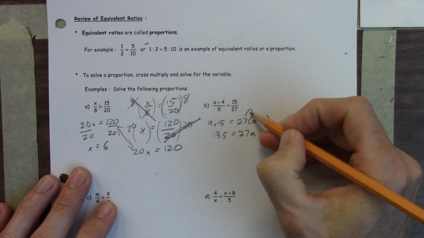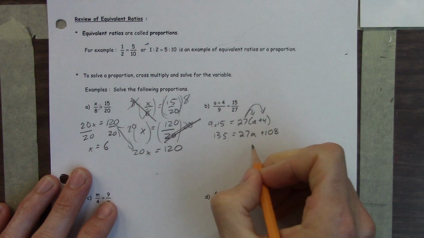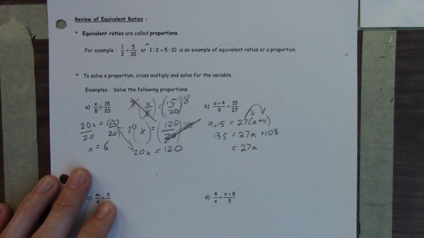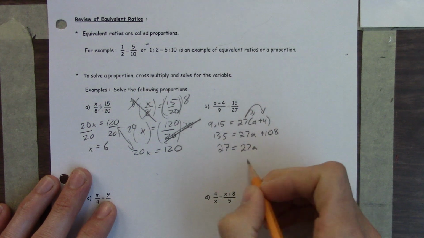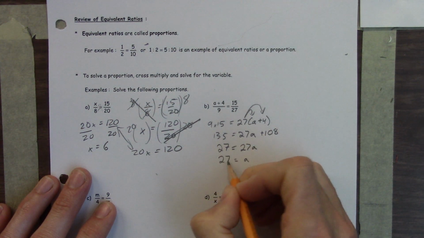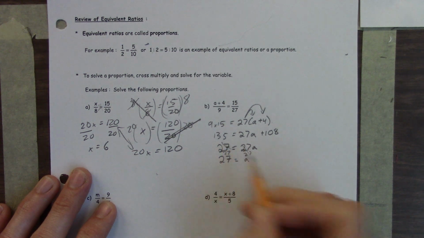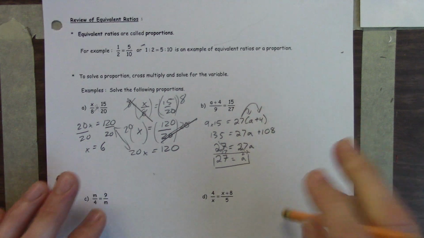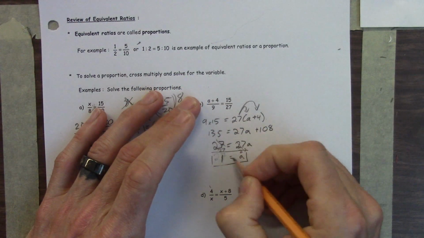This is 27 times a, 27 times 4. Okay, so we'll leave the 27a on the one side. We'll do 135 minus 108 on the left. We get 27 as well. A is equal to 27 because we divided both sides by 27. Okay? Sorry, a is equal to 1. My bad.